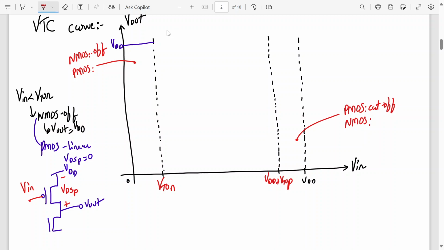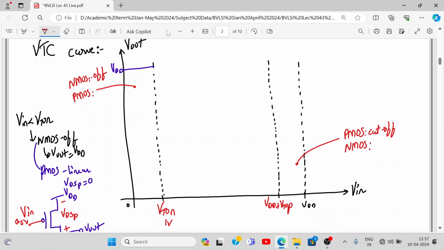Let's say here this is 1 volt, so Vin is 0.5. So what will happen now? This VDSP is 0, so there is no difference between Vout and VDD. Vout will be equal to VDD for a PMOS transistor. And what is the condition for that? Yesterday we discussed it. Let me show that.